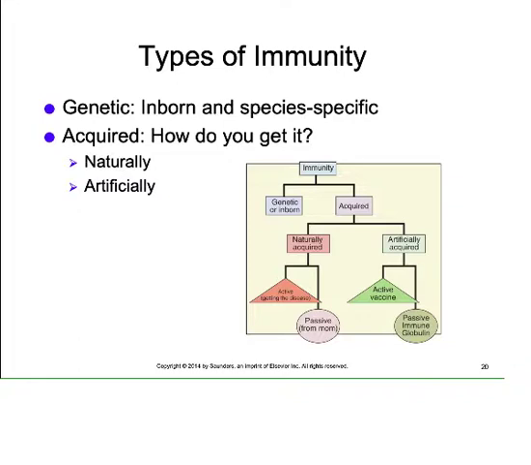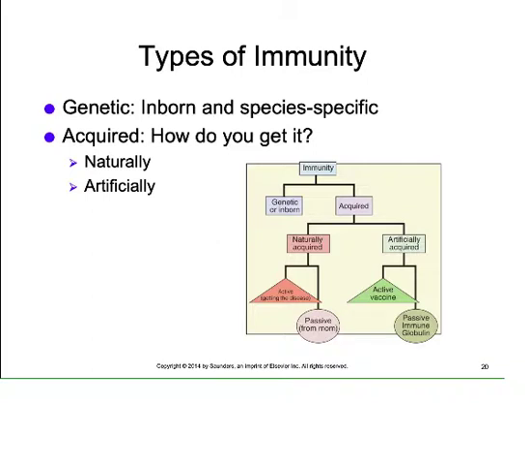Active immunity is different, okay? In active immunity, we either naturally acquire that by getting an infection and knocking it down, and in the course of that making memory cells, okay? Artificial active immunity is where we get a vaccine that induces the production of a team of lymphocytes that will recognize, bind to, and destroy the antigen wherever it's found, okay?